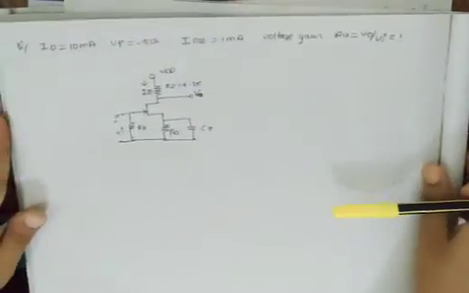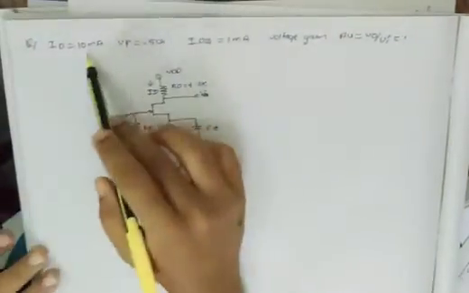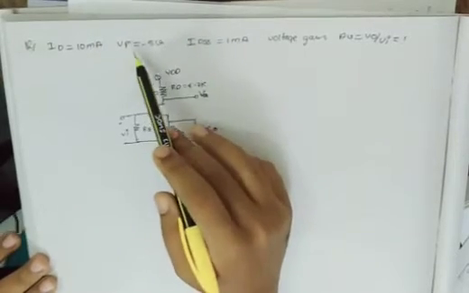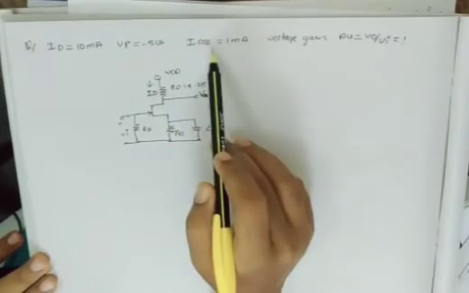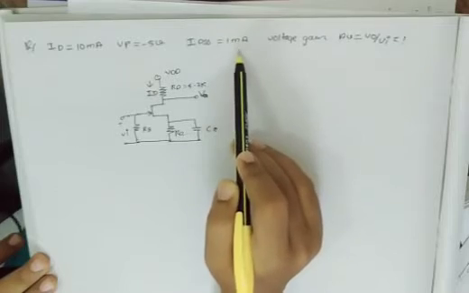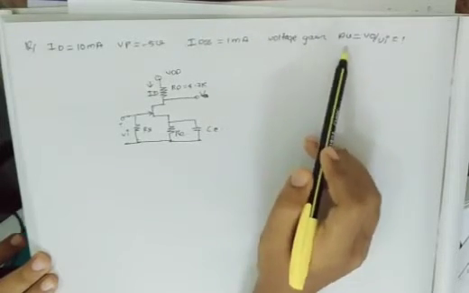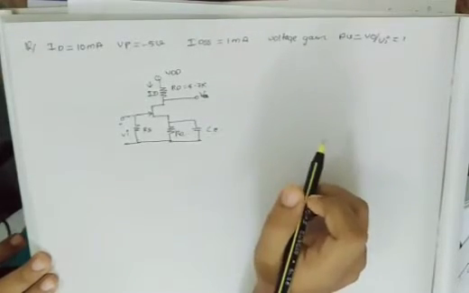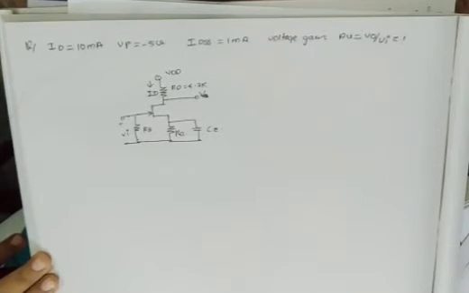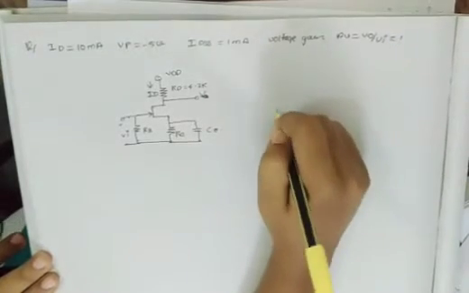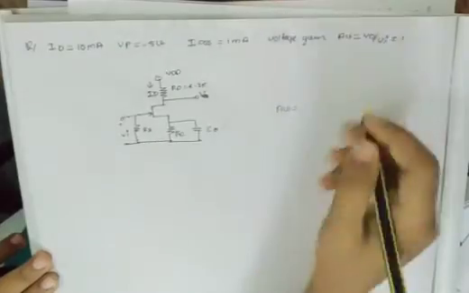Now let's do the next question. ID is equal to 10 milliampere, Vp is equal to minus 5 volt and IDSS is equal to 1 milliampere. The voltage gain AV we have to find out. We know AV in this kind of bias.